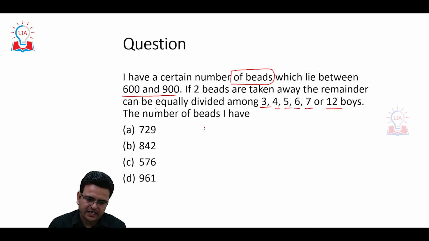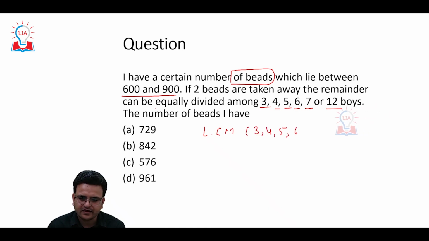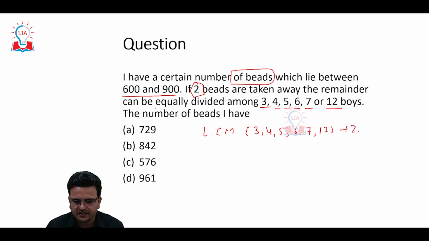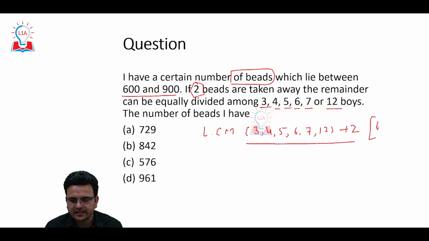So it means I have to get the LCM of 3, 4, 5, 6, 7, 12, and I have to add these two, and this value should be between 600 to 900.